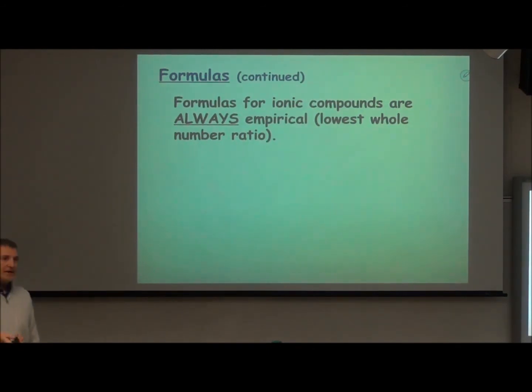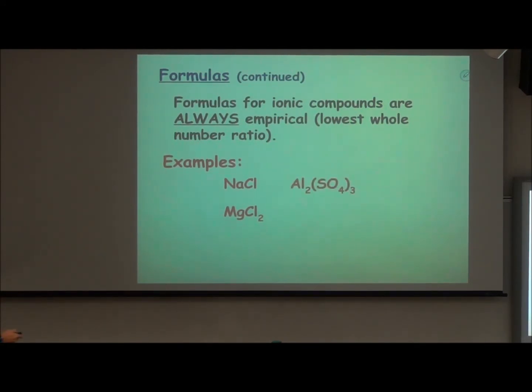If we're talking about ionic compounds, metals and nonmetals, or polyatomic ions, they're always going to be given as the empirical formulas. Sodium chloride, NaCl, is a 1-to-1 ratio. MgCl2.